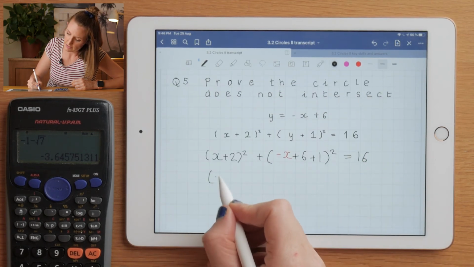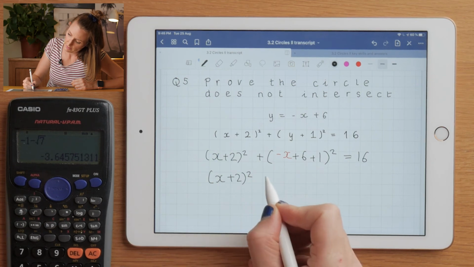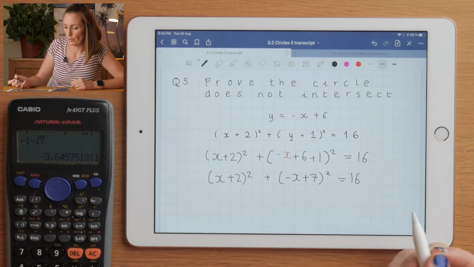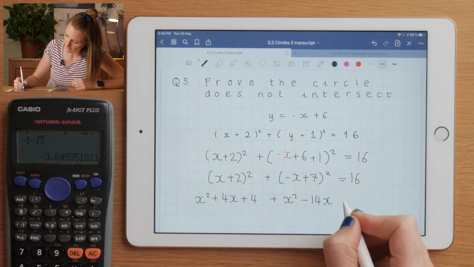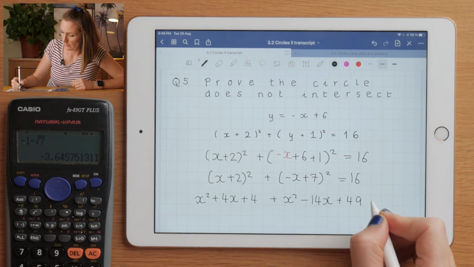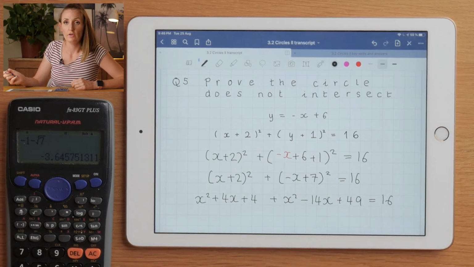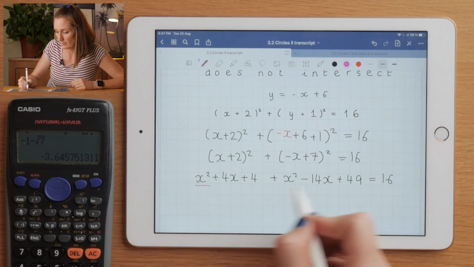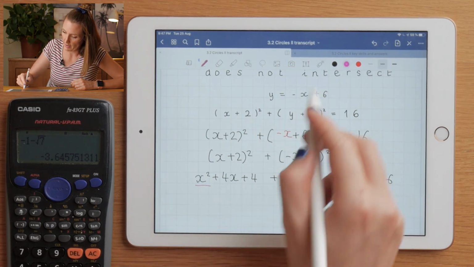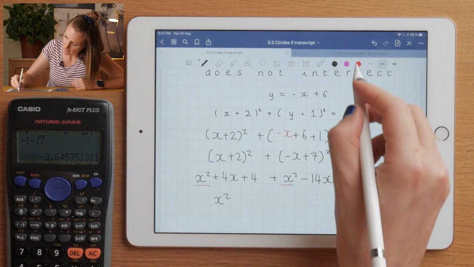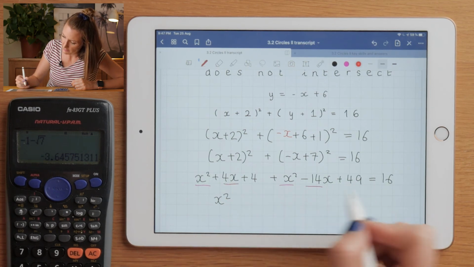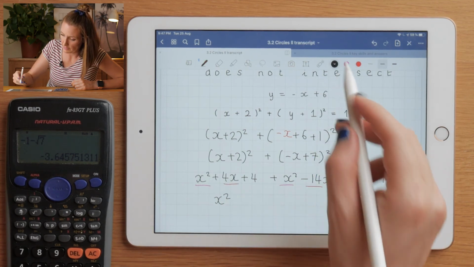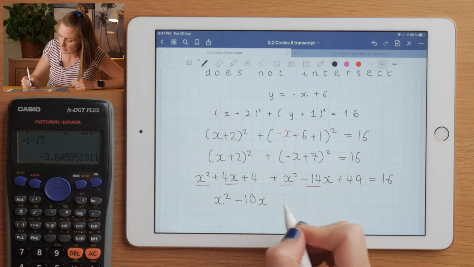And again, you're just going to simplify it, and then multiply out the brackets. You're going to collect your like terms, so it's nearly identical so far. So we'll have x squared plus 4 minus 14 minus 10x.